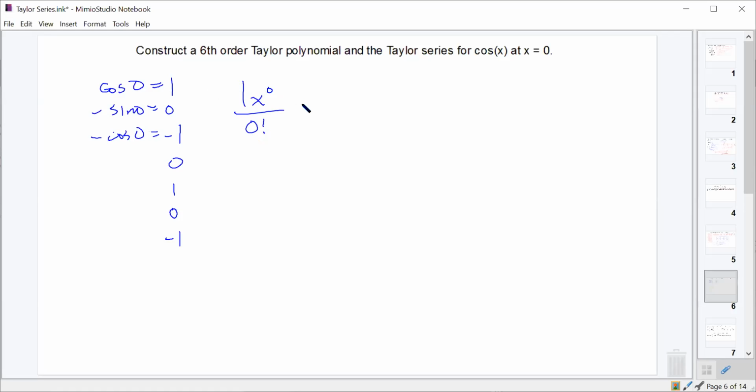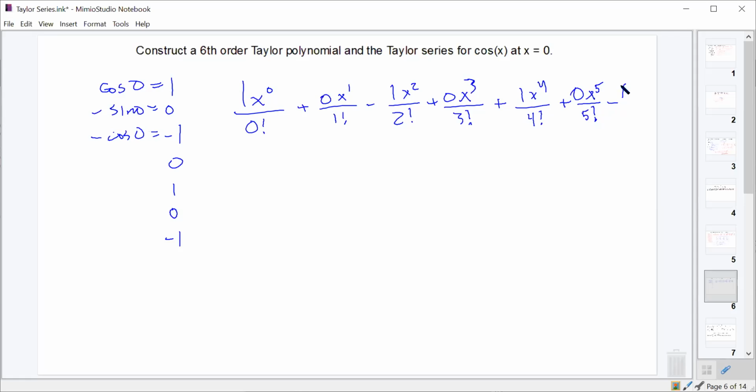And then the next term would have been plus 0 x to the first over 1 factorial, and then minus 1x squared over 2 factorial, 0x cubed over 3 factorial, 1x to the 4th over 4 factorial, 0x to the 5th over 5 factorial, and minus 1x to the 6th over 6 factorial. And all the 0 terms canceled out, right?